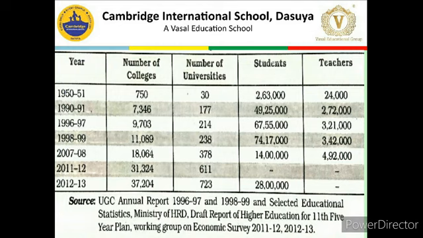This is a source from the 11th Plan that endeavored to increase the enrollment in higher education of the 18 to 23 years age group to 15% by 2011-12 and to 21% by the 12th Plan.